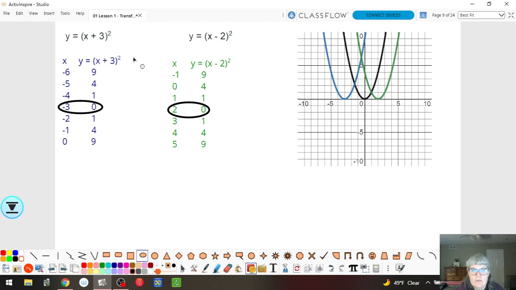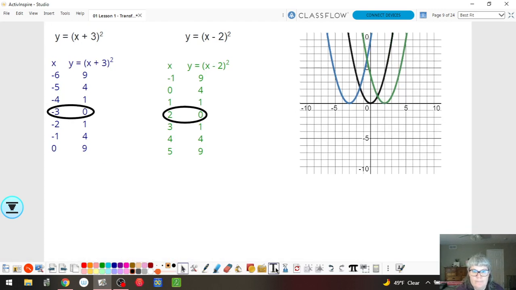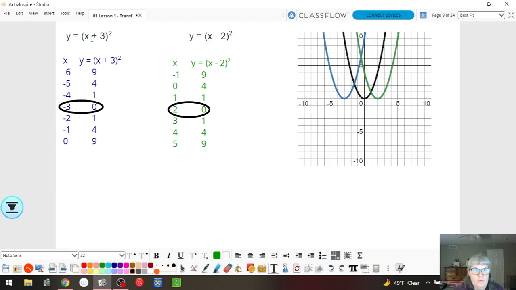So what can we conclude when we are adding before we square? Well, when we added the 3, the graph went to the left. So we can say when adding to x, the graph shifts to the left.